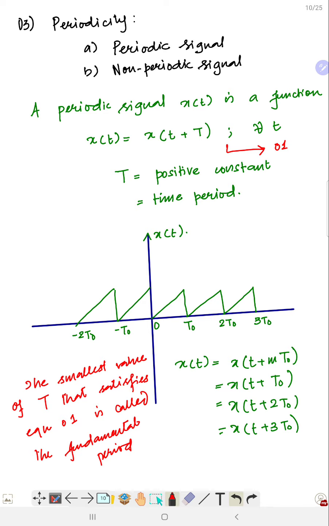And you know that frequency and time share an inverse relationship. So if T is the fundamental period, we also define the fundamental frequency as f equals 1 by T. So it basically describes how frequently the periodic signal x of t repeats itself.